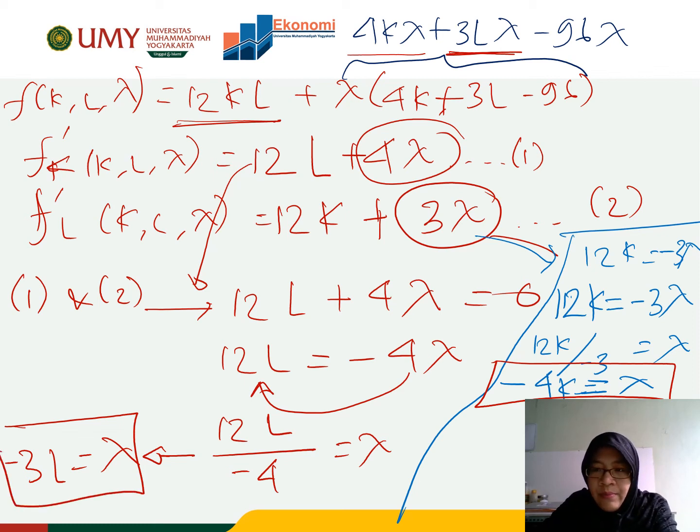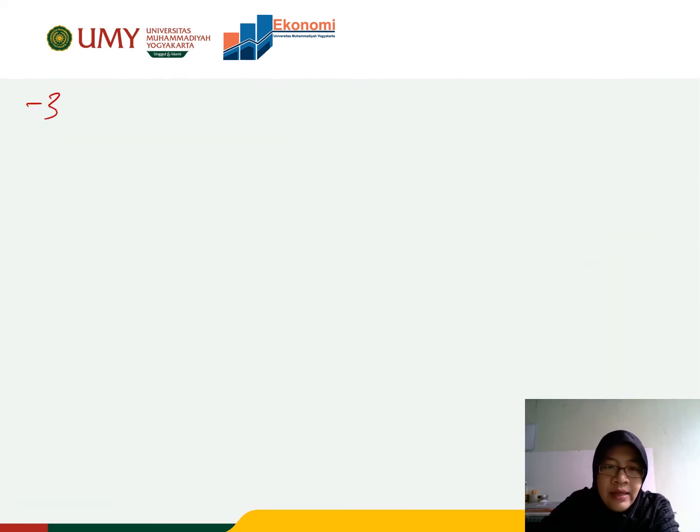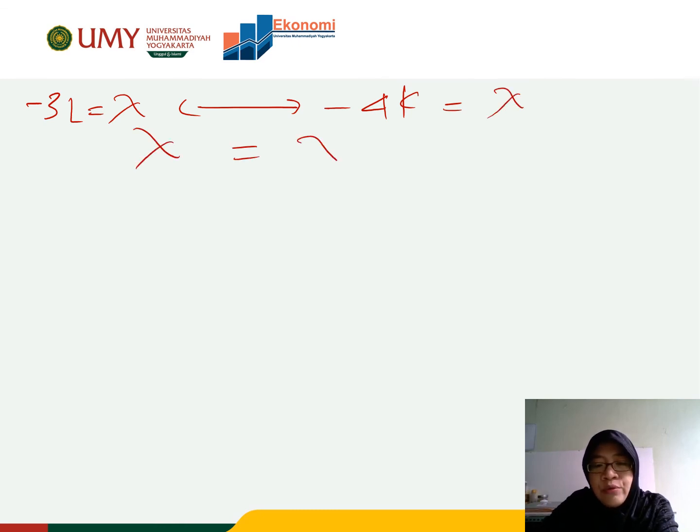You need to remember minus 3L equal to Lagrange, and the other is minus 4K equal to Lagrange. Make it Lagrange equal to Lagrange. This one is easier if you want to recognize how to solve the Lagrangian equations.